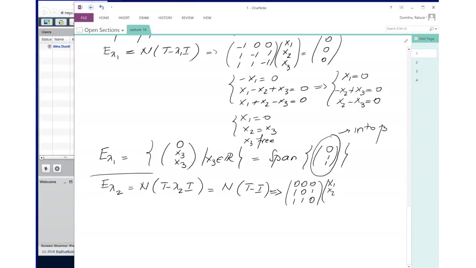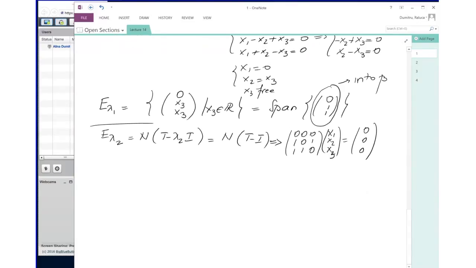And I need to find all those vectors, x1, x2, x3, that satisfy this property. So another system to solve. First equation is just 0. x1 plus x3 is 0. And x1 plus x2 is 0.